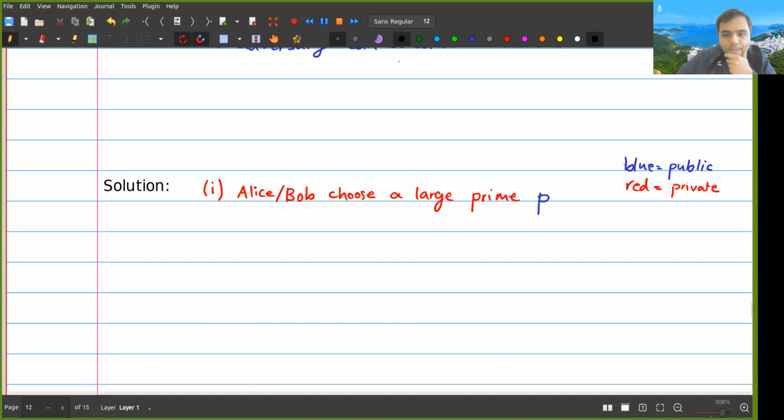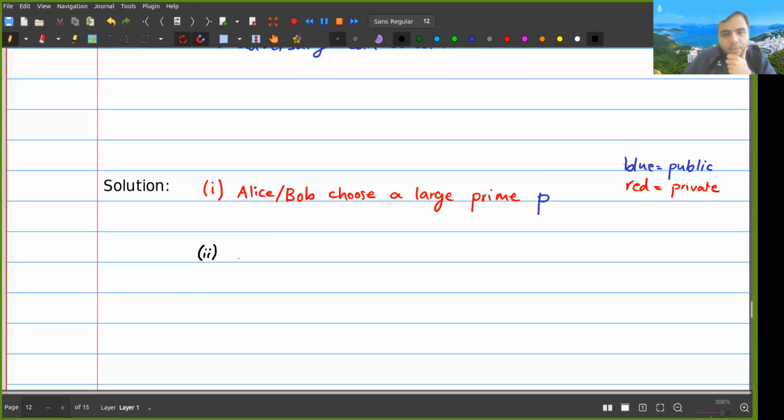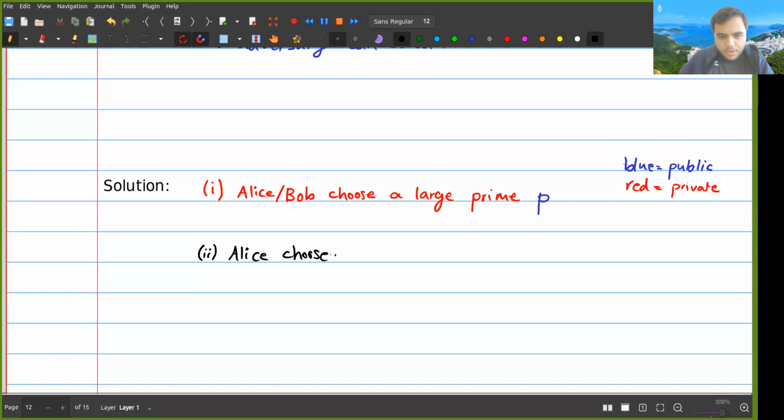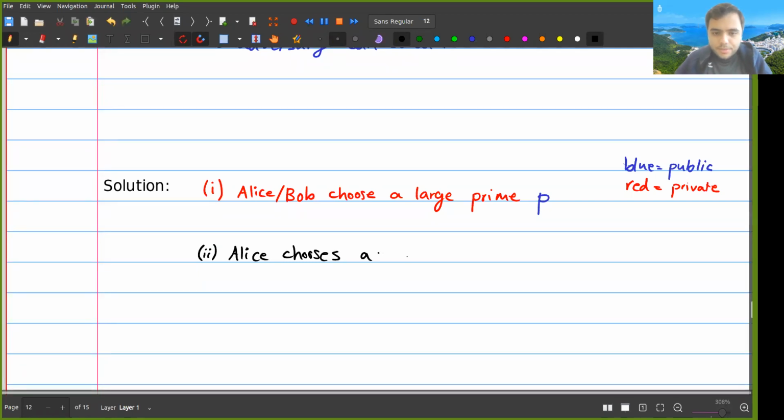So our second step is that both Alice and Bob choose some secret number for themselves. So Alice chooses a secret.